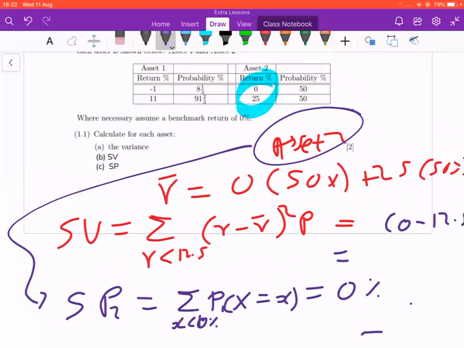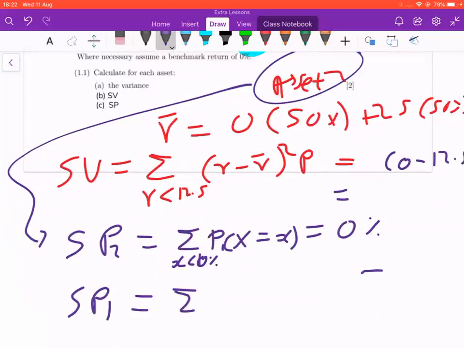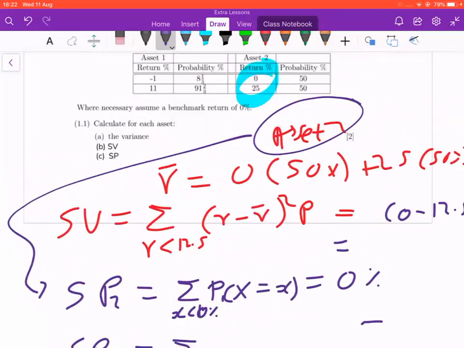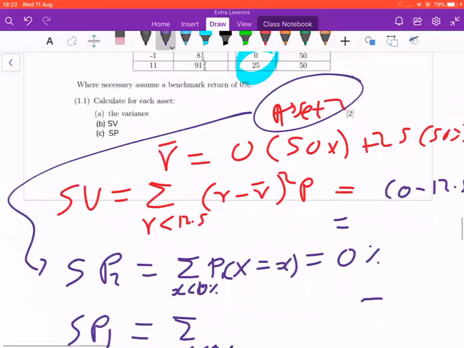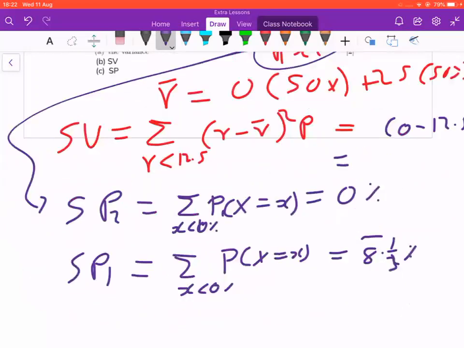I think I will have to find it for 1 as well, so that you can understand the sum where x is less than 0% for 1. Asset 1 has negative 1%, right? And that 1% has maybe 1.5, 1/3 percentage. I hope this makes sense.